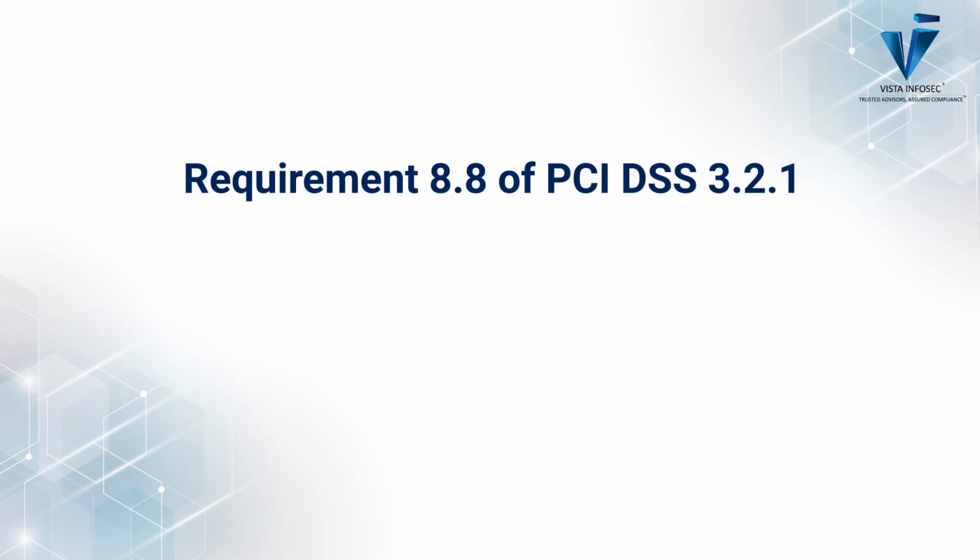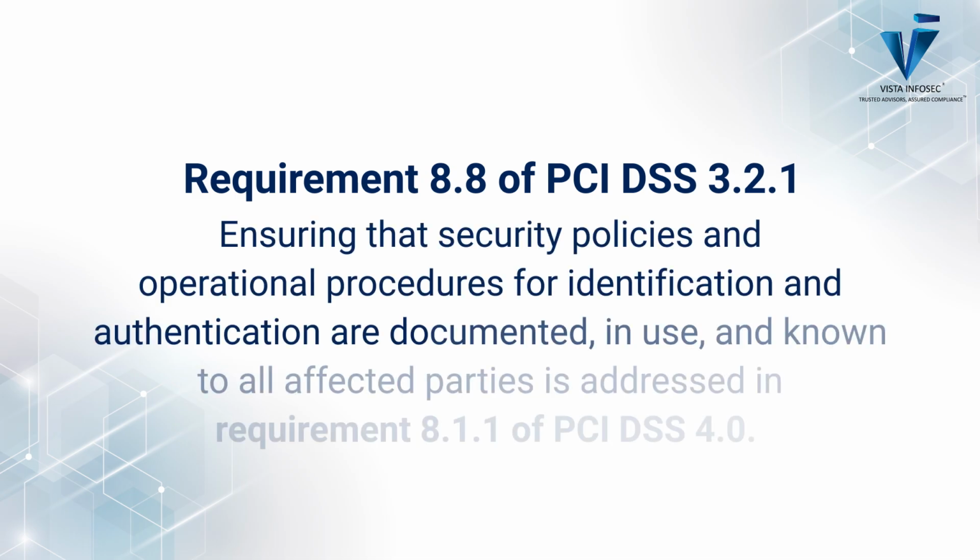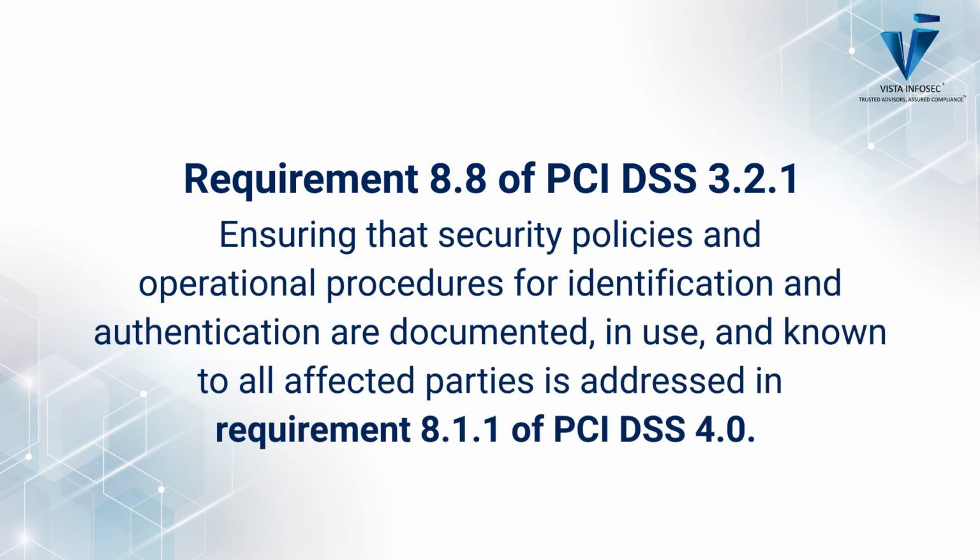And then finally, coming to the end of this elaborately long video, requirement 8.8 of PCI 3.2.1. This mentions ensuring that the security policies and procedures for identification and authentication are documented, in use, and known to all affected parties, right? So this was the last requirement in PCI DSS 3.2.1.